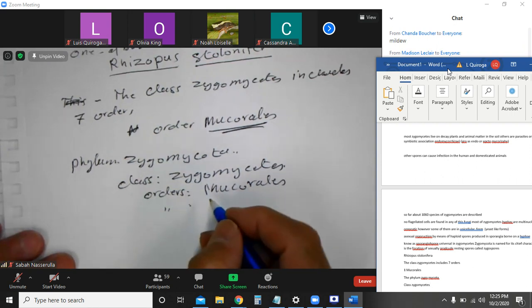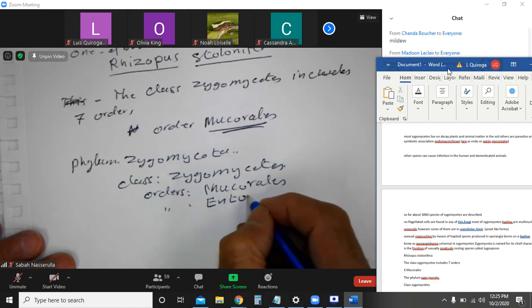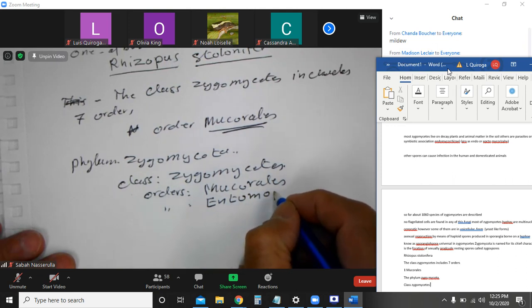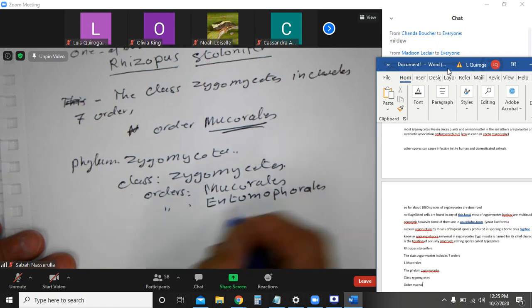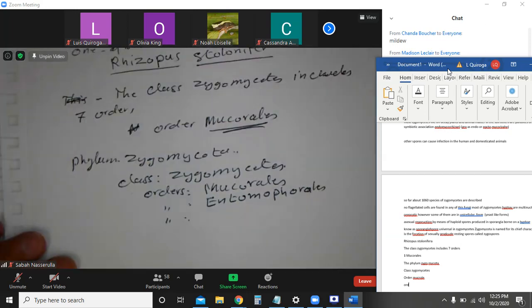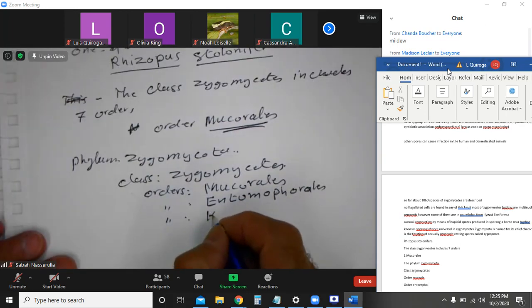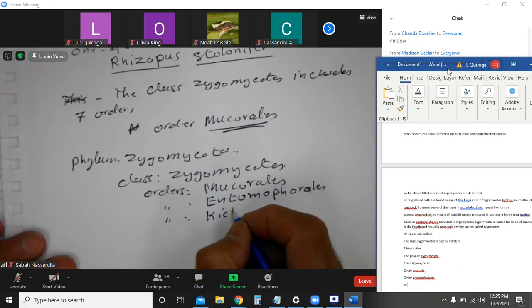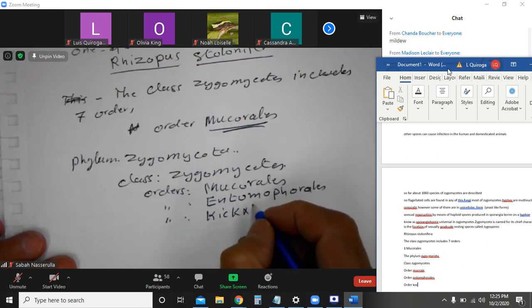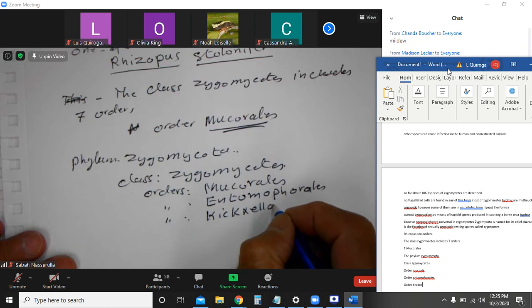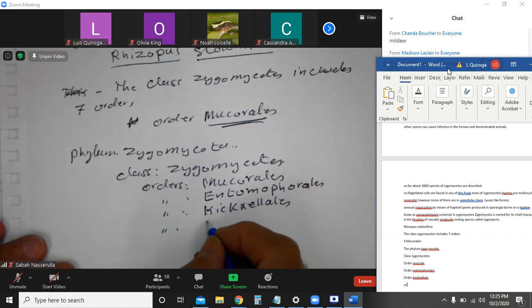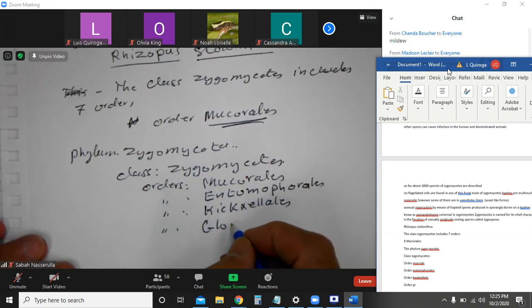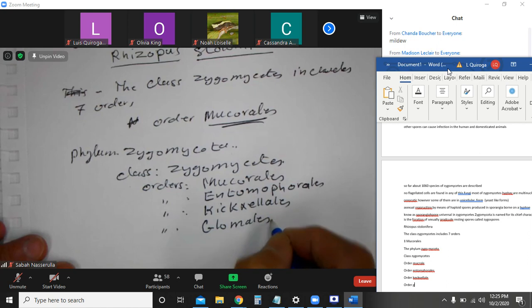We have the order Entomophthorales, and also we have the order Kickxellales, and we have the order Glomerales.